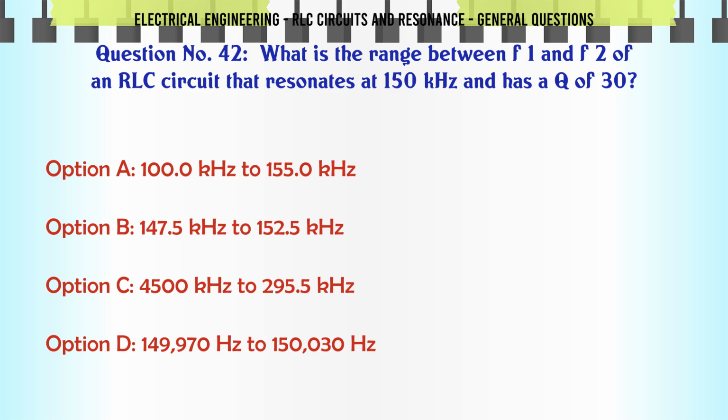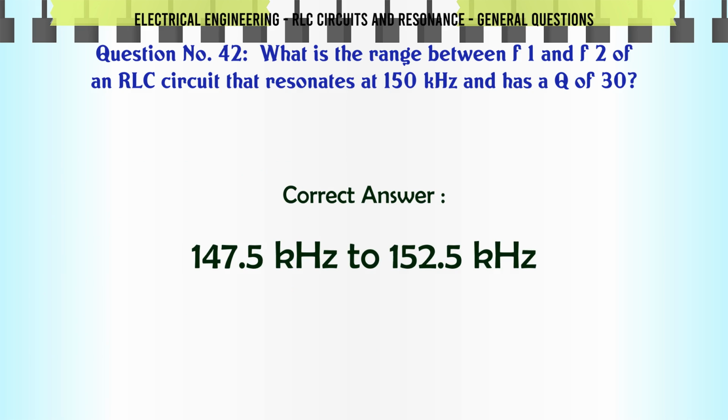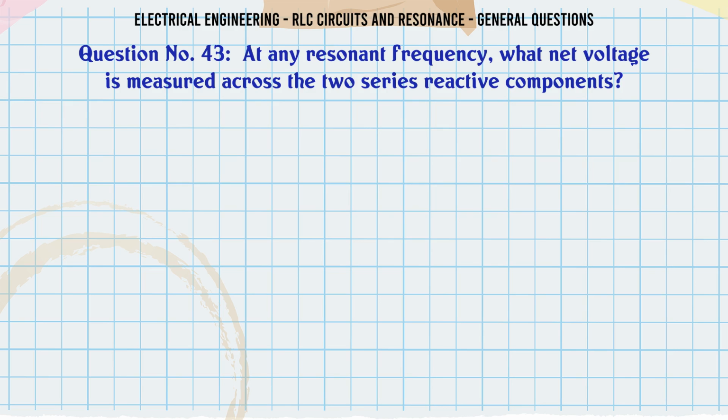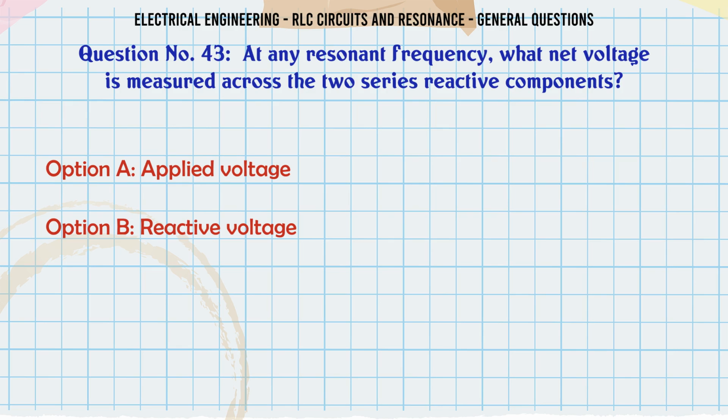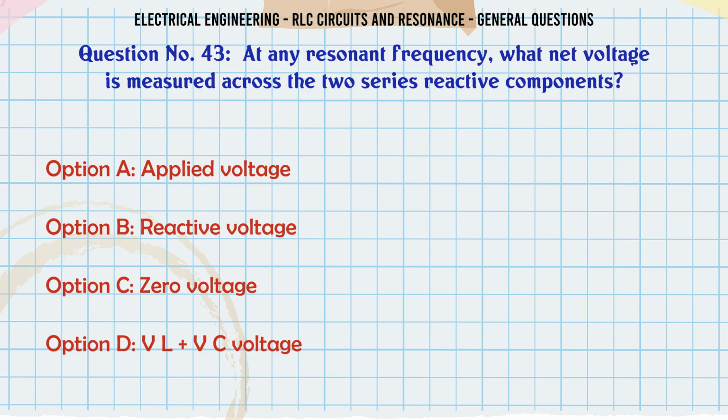D. 149,970 Hz to 150,030 Hz. The correct answer is 147.5 kHz to 152.5 kHz. At any resonant frequency, what net voltage is measured across the two series reactive components?